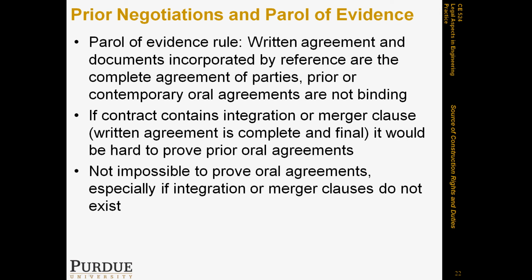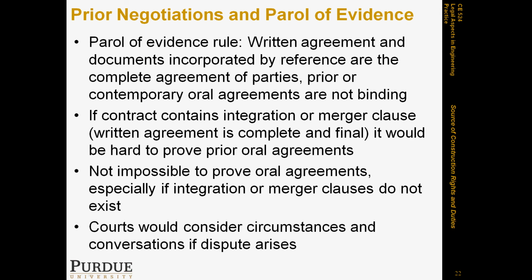In general, proving prior oral agreements is not an impossibility, and it becomes easier, as I mentioned, if integration and merger clauses do not exist, and sometimes courts give themselves the right to consider circumstances and conversations if such disputes arise about prior agreements.